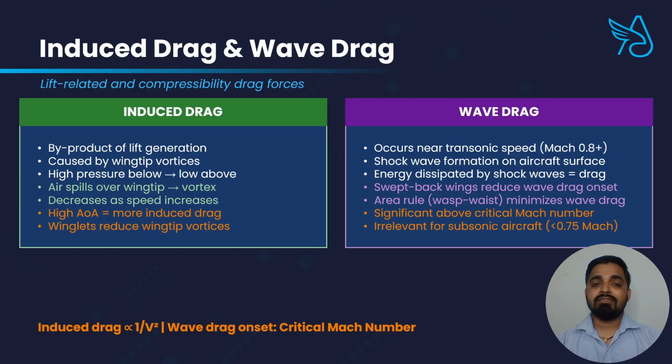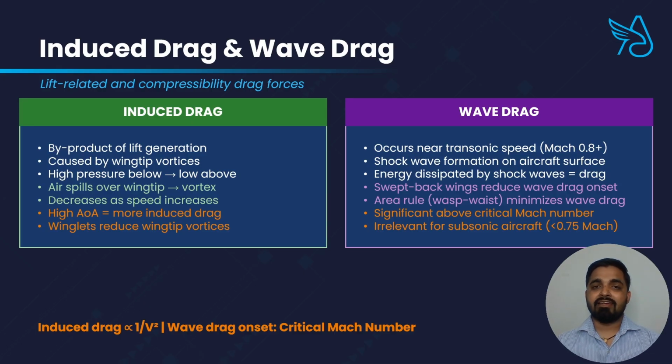Induced drag is highest during low speed flight, such as takeoff, landing, or climbing, when a higher angle of attack is required to generate lift. As the speed of the aircraft increases, the drag decreases significantly, following an inverse relationship with the velocity squared. Winglets and optimized wing designs help reduce induced drag and improve aerodynamic efficiency.